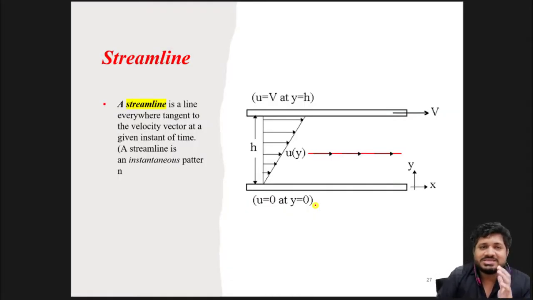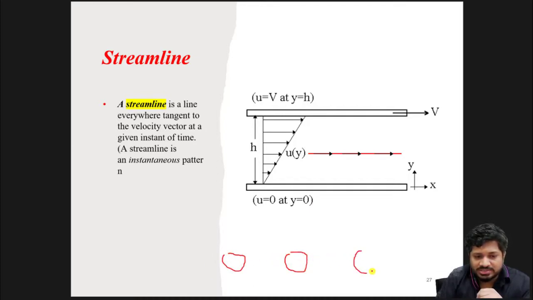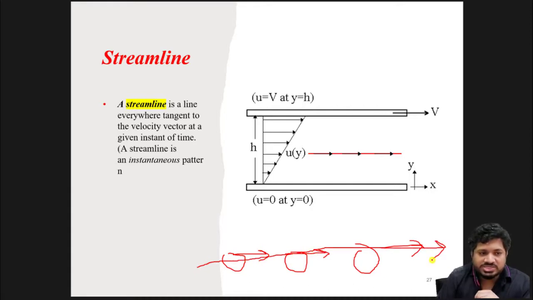So a streamline is basically a line which is drawn based on the tangent vectors. Let's say I've got these particles, and they have got their own tangent. A line which is tangent to these vectors is called a streamline, the tangent to the velocity vector at any given instant.